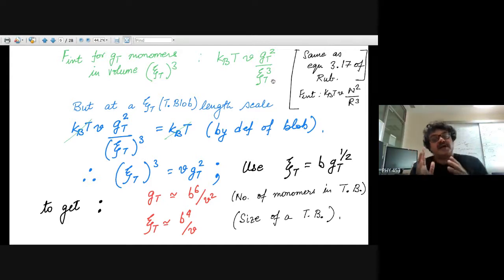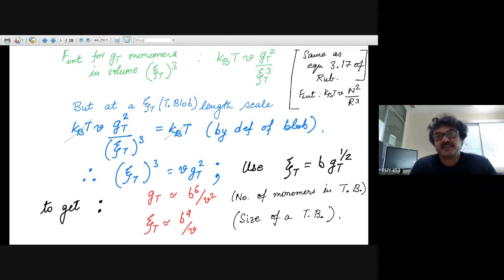And now we are asking at what length scale zeta T this interaction energy will be of order kBT. That's an unknown thing; that's what we have to solve for. We don't know the size of a blob, but we know that as you go on increasing zeta T, there will be more and more monomer contacts.